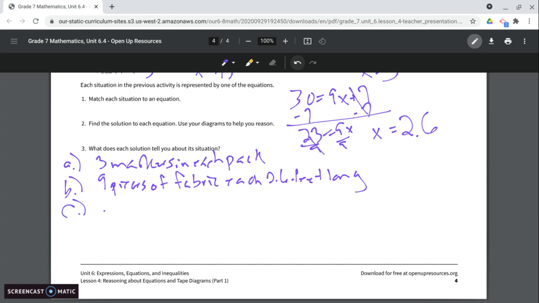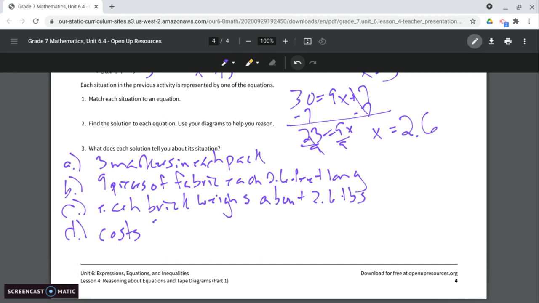For the third one, each brick weighs about 2.6 pounds. The fourth one costs $3 to rent a pair of skates.